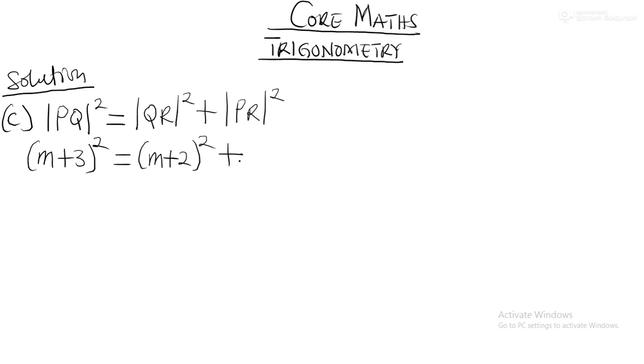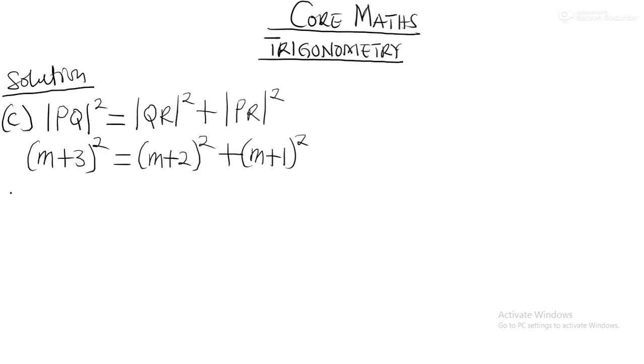Plus m plus 1 squared. Okay, so we have this one. So this one, through it all, is expansion of what? Perfect squares that we are going to use.